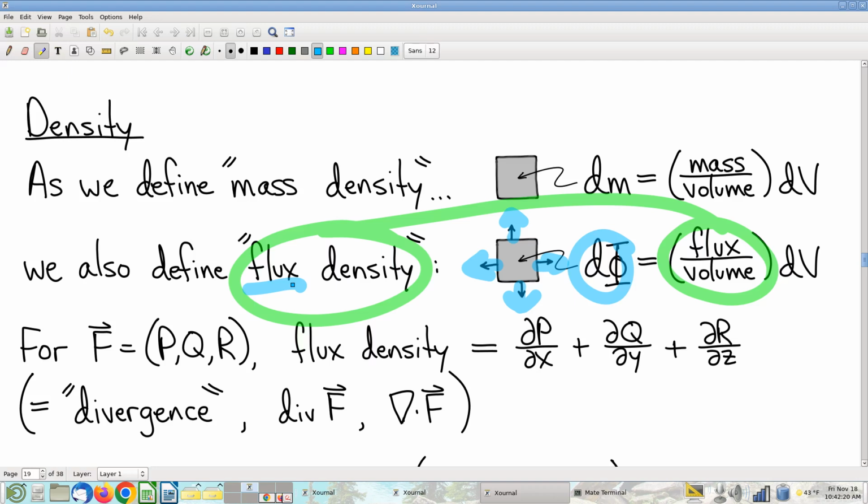I can talk about then how much stuff there is in any given location, any given little sub-region. And when you have stuff, you can talk about how much per unit size, and boom, we have a new kind of density. Since the quantity is flux, we call this flux density. Is that cool? I mean, it's weird, right? I totally get that it's weird. It takes a little time to digest this stuff, but that's the idea there.